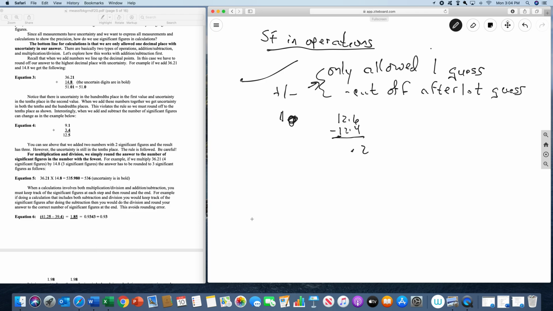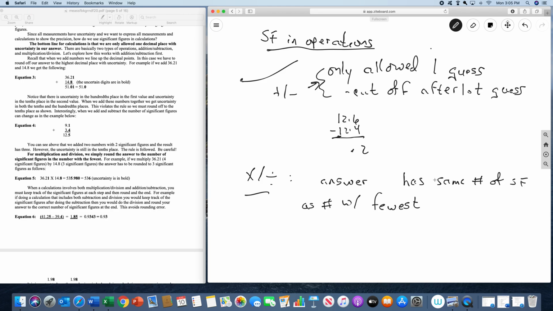When you multiply and divide, the answer has the same number of sig figs as the number with the fewest.